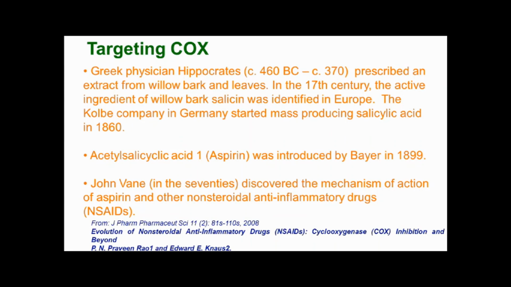But it was only in the 17th century that this was identified as a compound called salicin. And then Bayer, of course, introduced aspirin, the wonder drug, in 1899. And then John Vane showed that this acted through the cyclooxygenase pathway and discovered the mechanism of action of aspirin in the 70s.